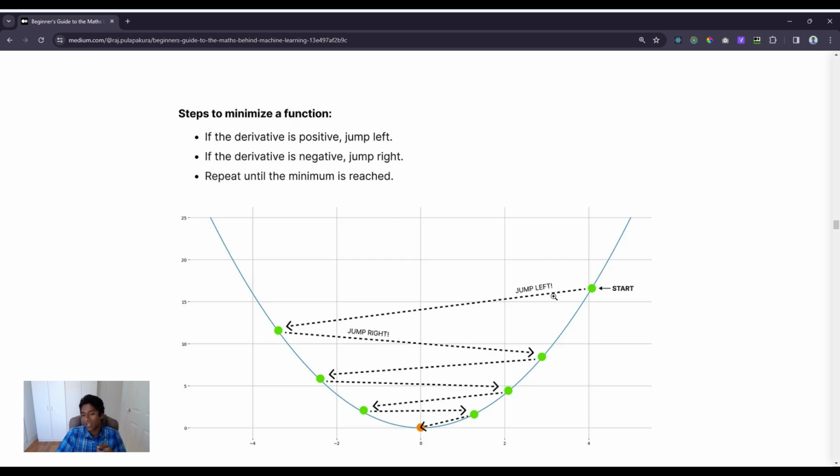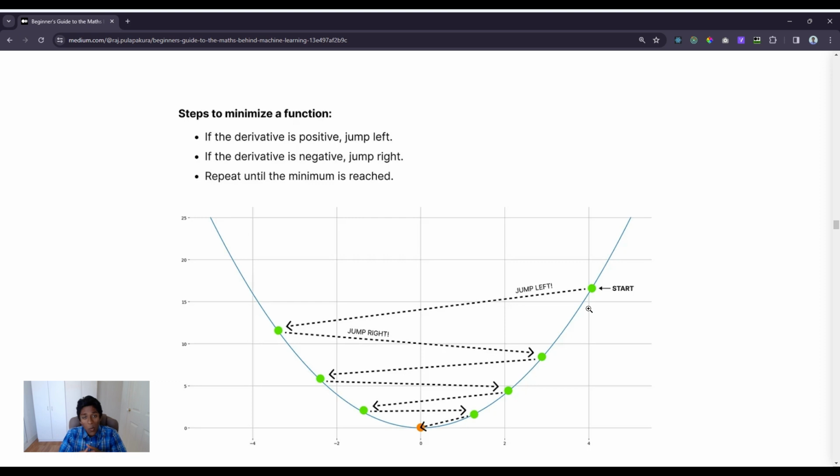So let's say we start here on the right side. Now, if we calculate the derivative, it's not so much important what the actual number of the derivative is. What's more important is the sign. So in this case, the derivative would be positive because on this side of the graph, as x increases, y also increases. So the slope would be positive.